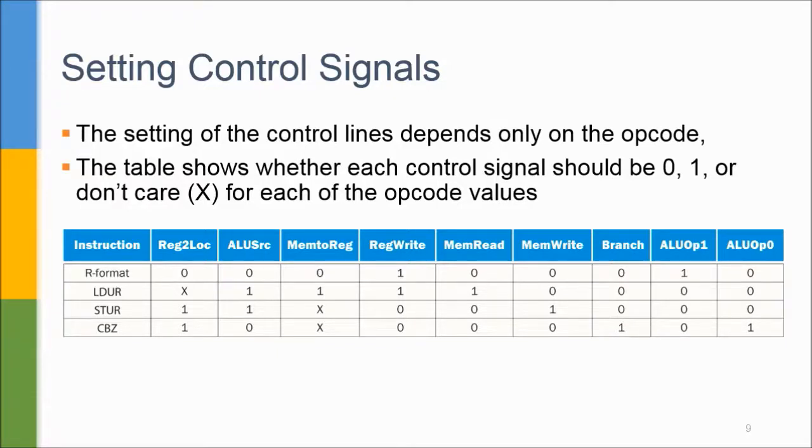A don't care can also be added to REG to LOC for the load instruction, which does not use a second register. This type of don't care must be added by the designer since it depends on knowledge of how the data path works.